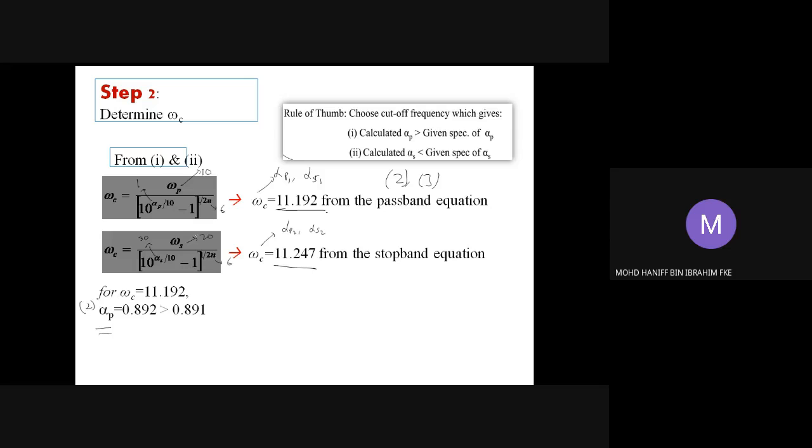You're going to have alpha P equal to 0.892. And again, from the same omega C, you are going to get the alpha S, which is obtained from equation number 3, of 0.03069.